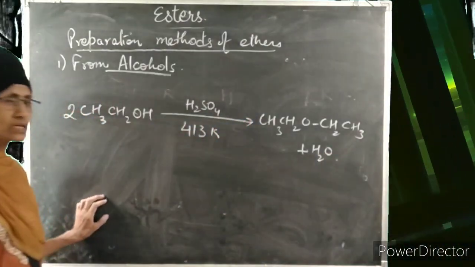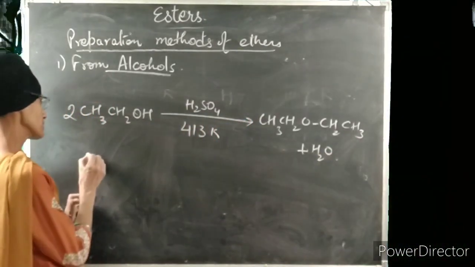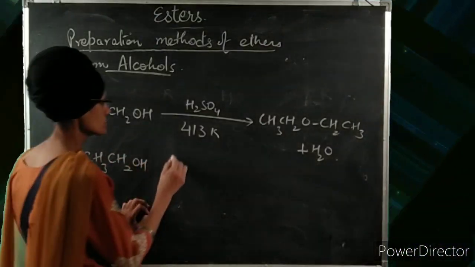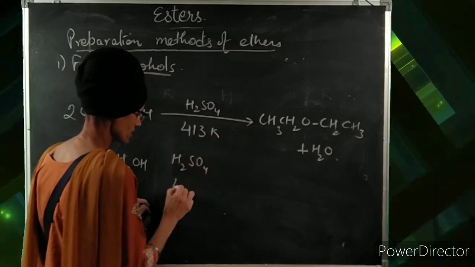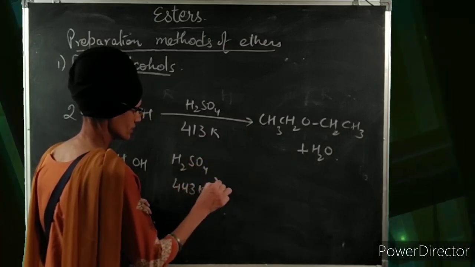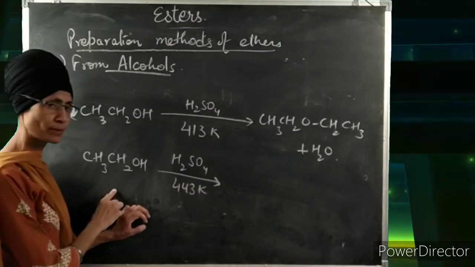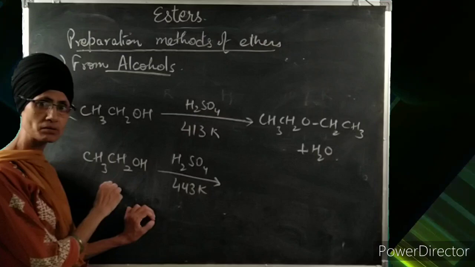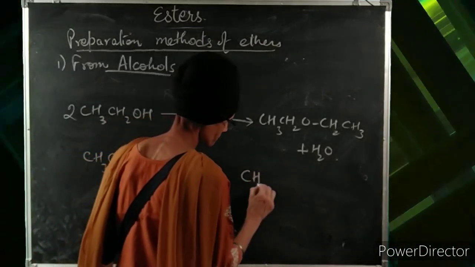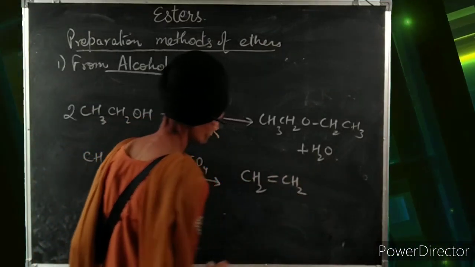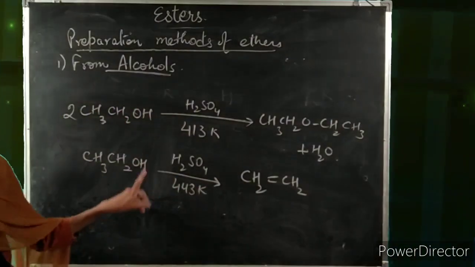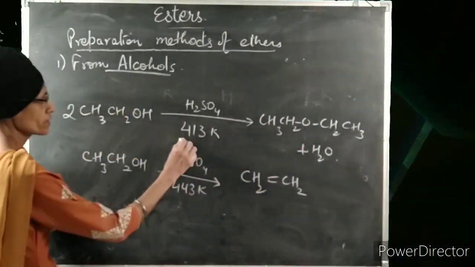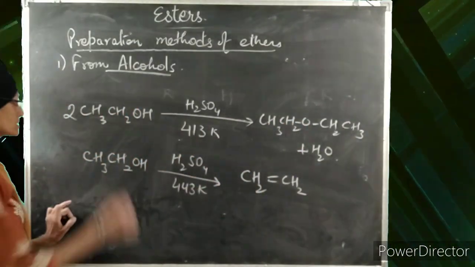In case the temperature is elevated, that means if we heat ethanol with sulfuric acid at 443 Kelvin, then dehydration of the alcohol molecule will take place, and you know that due to dehydration there will be beta elimination and formation of an alkene molecule. So the product in this case will not be ether. So for preparation of ethers from alcohols, we have to maintain the temperature at 413 Kelvin.